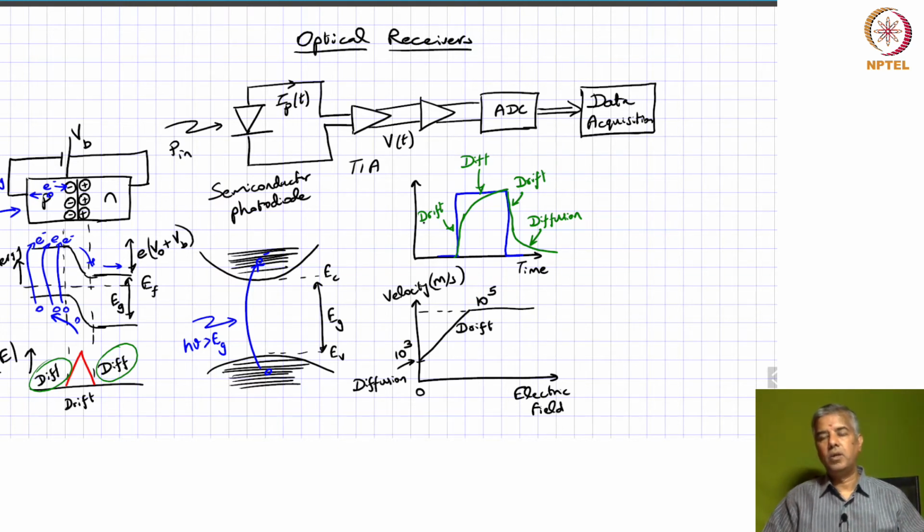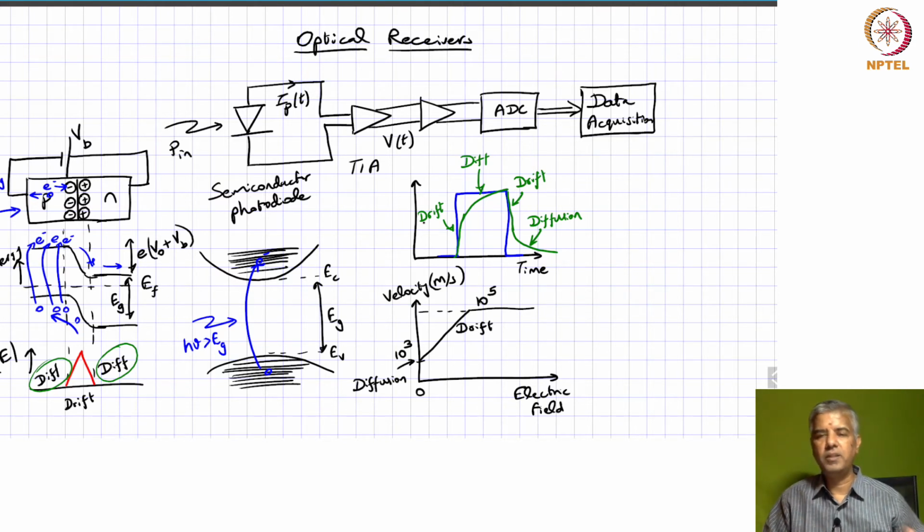Okay, so essentially we are seeing that in a PN junction diode, the diffusion process is slowing down the response of the photodiode. Okay, and if you wanted to have a faster response, you will have to modify the structure.